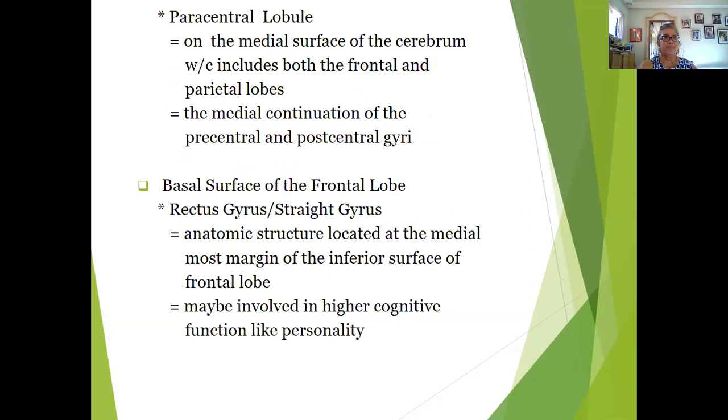Now, in the medial part, you have the paracentral lobule, which is on the medial surface of the cerebrum, which includes both the frontal and parietal lobe. So your paracentral lobules, there are two lobules that are located there.